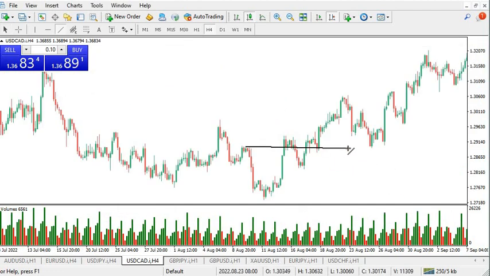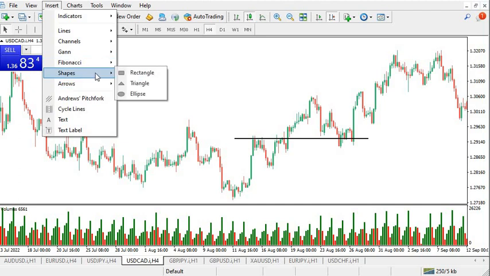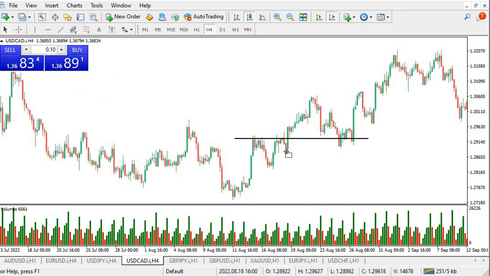We can see this area was a support, or let's say this area was a resistance which later became support. And we can observe the order block near the flip zone. So the market just approached the order block, mitigated it, and moved to the upside.